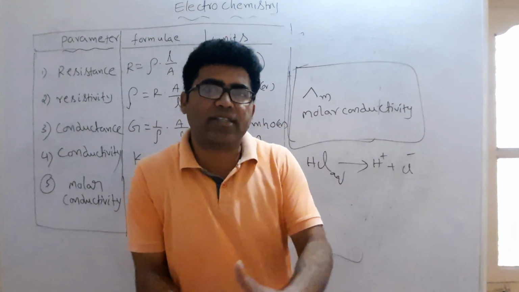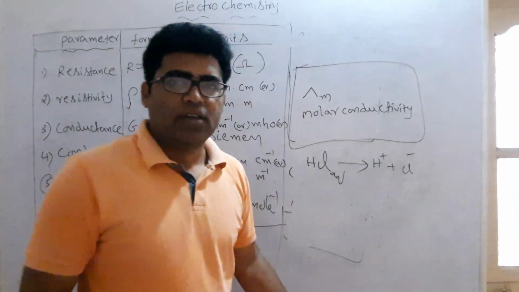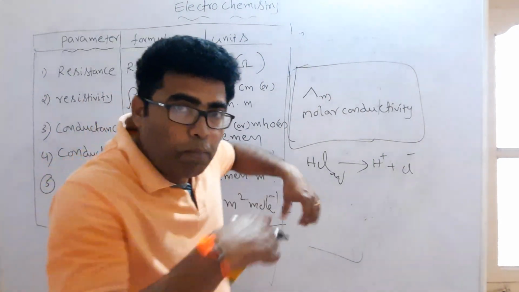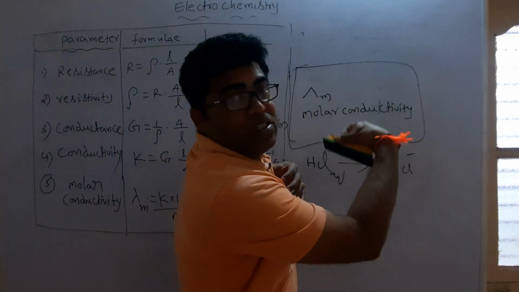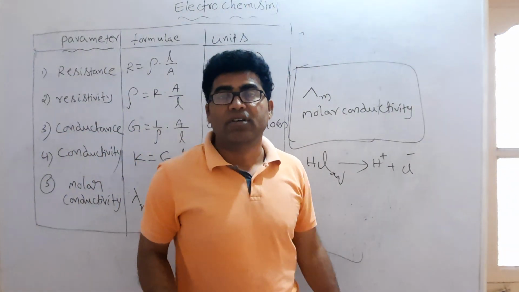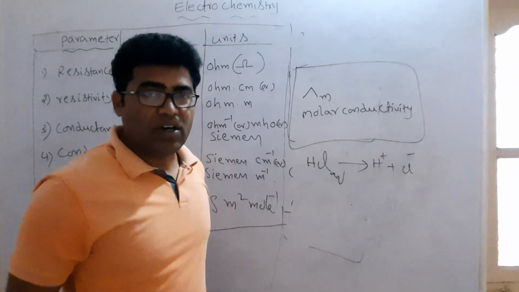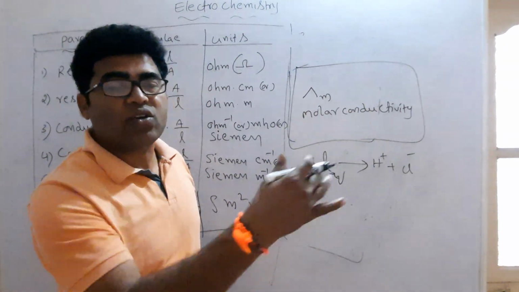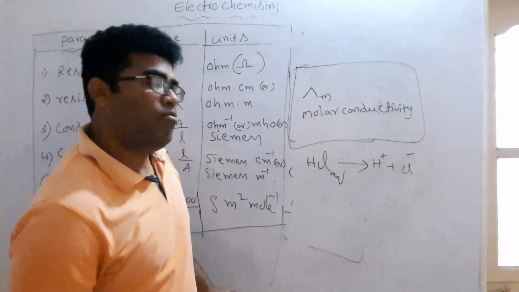That means the total HCl splits up into ions. The substance which undergoes complete dissociation is called a strong electrolyte. Which does not undergo complete dissociation is called a weak electrolyte.